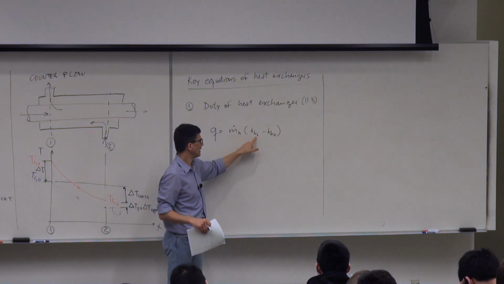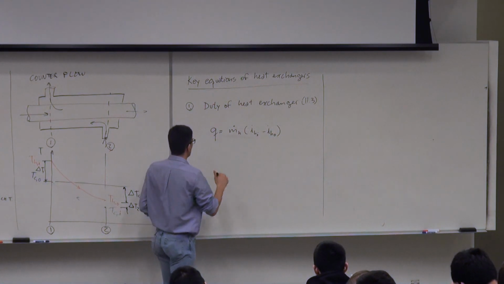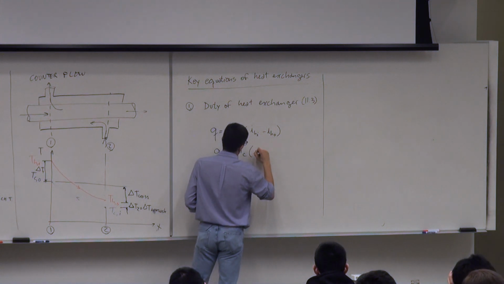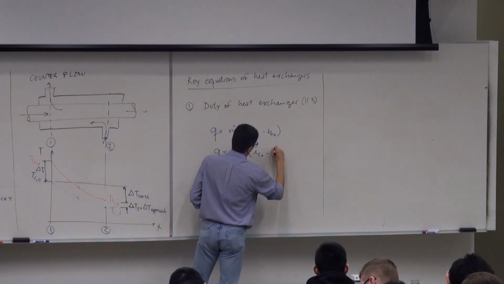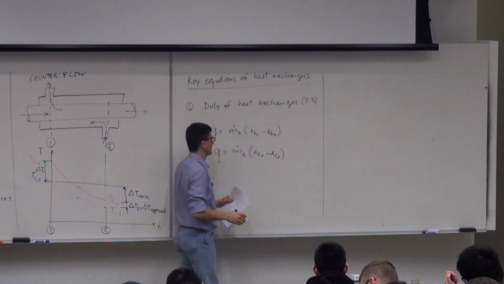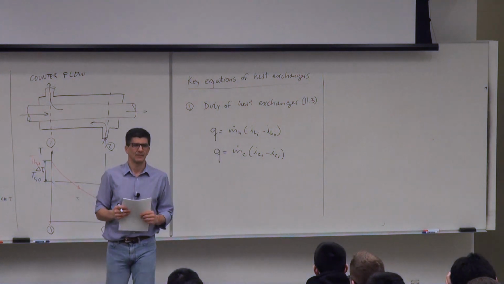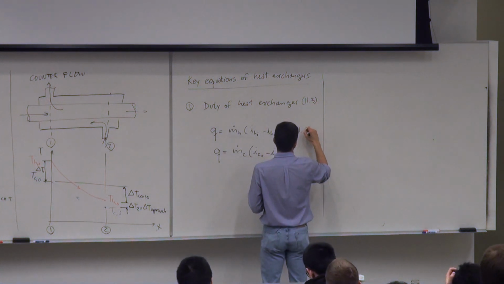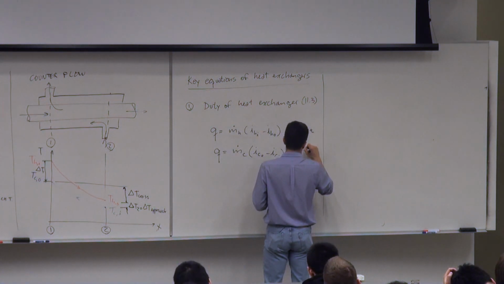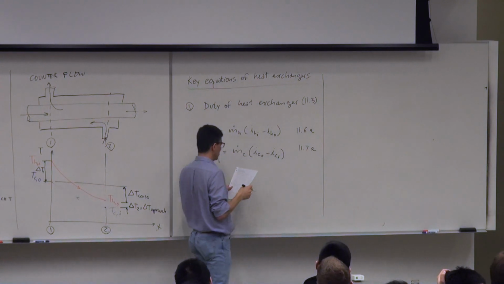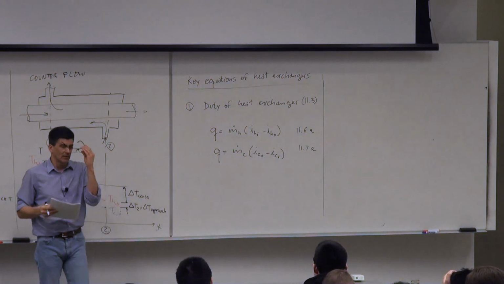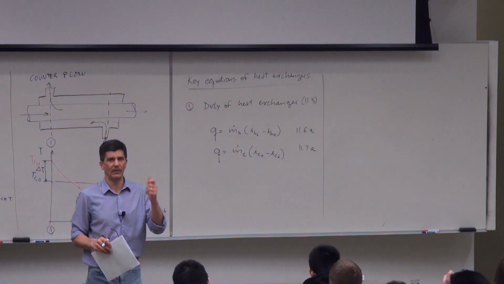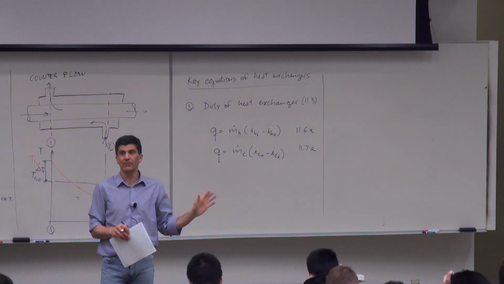Enthalpy of the hot at the inlet minus enthalpy of the hot at the outlet. And this should be the same, right? And so this is equation 11.6a, 11.7a in the book. You already know this. And this is super powerful. This accounts for phase transformation, phase changes, whatever you want.